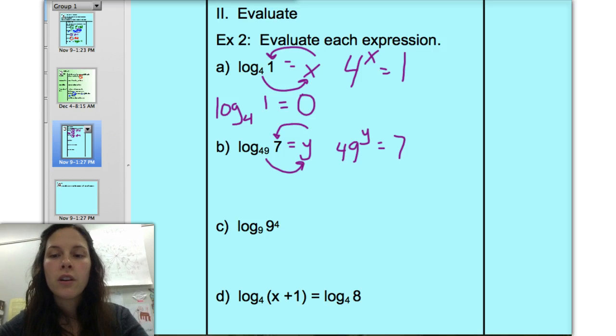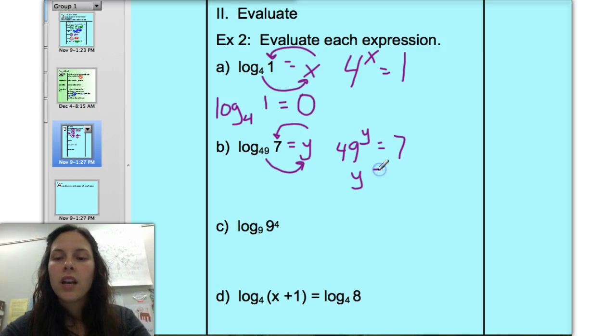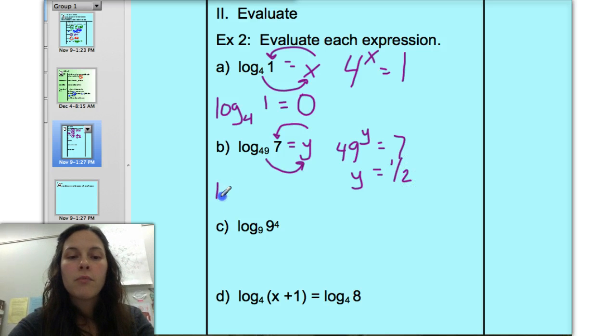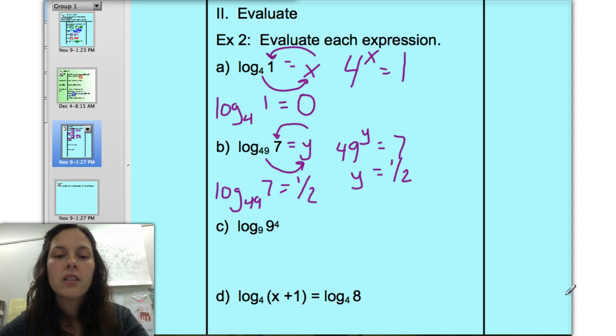The square root of 49 equals 7. So remember, when we write that as a rational exponent, it is the 1/2 power. So again, make sure you understand, make that connection. I want you to write this down so that you can start to understand the connection between logs and how to evaluate them. So log base 49 of 7 equals 1/2.